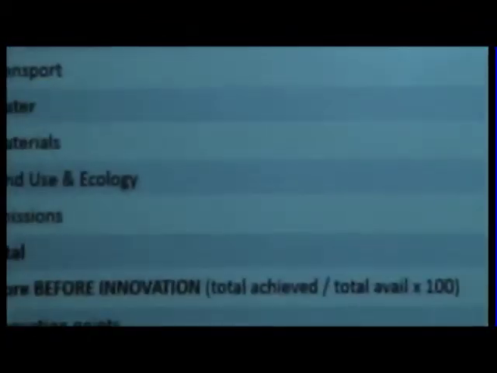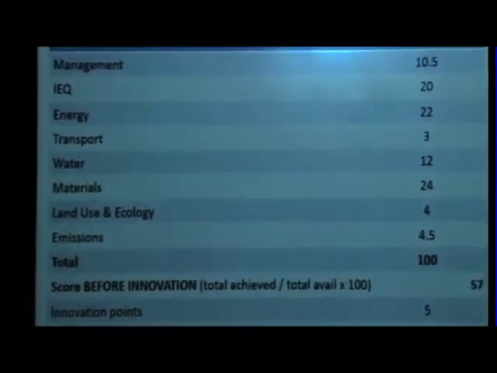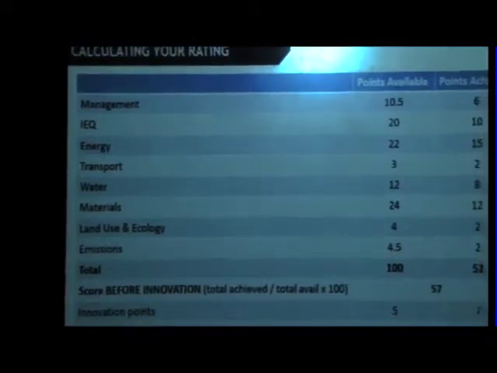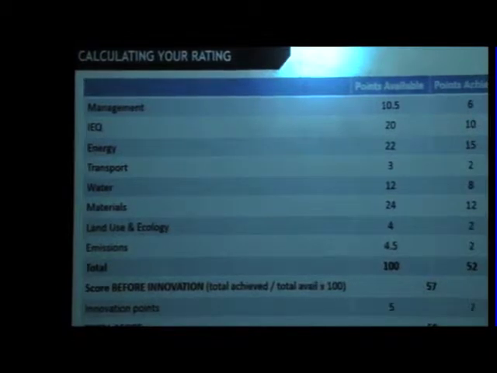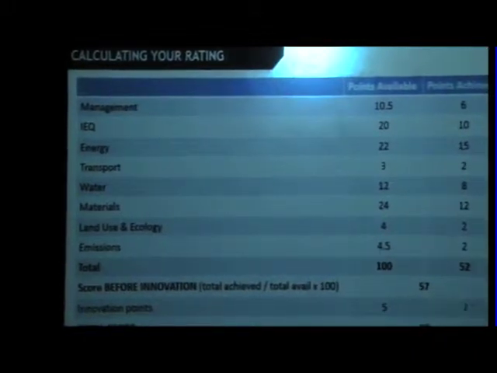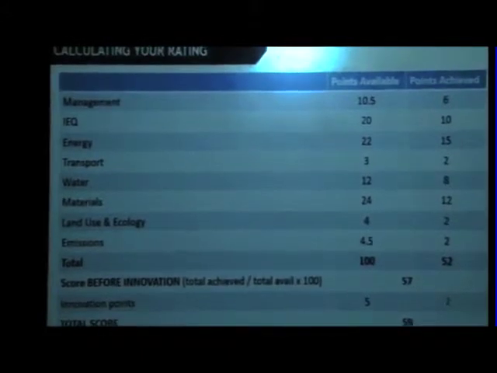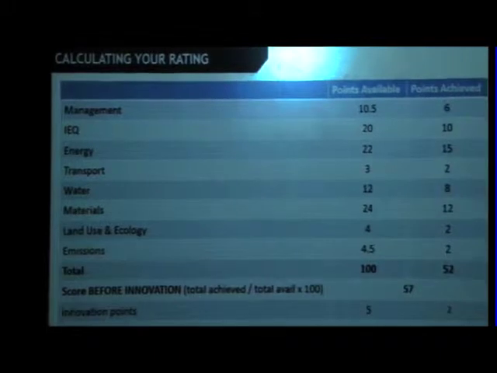Then you get energy, which we've all mentioned is very important. The third highest category is IEQ, indoor environmental quality, which from a tenant perspective is also very important. Then fourth is water, on 12 points, and then fifth is management.